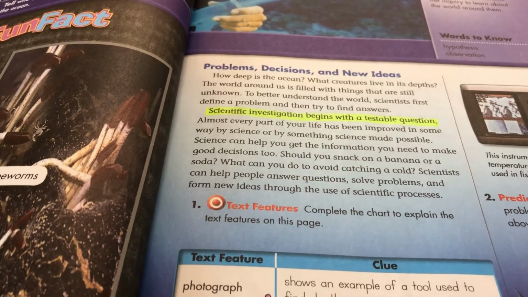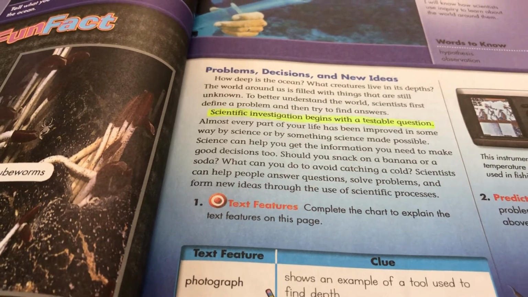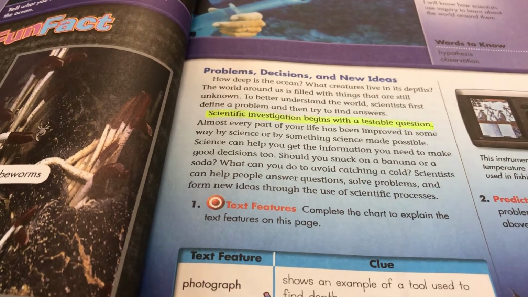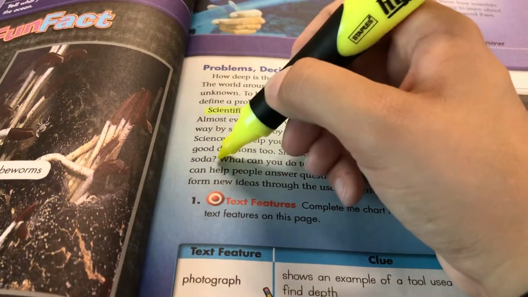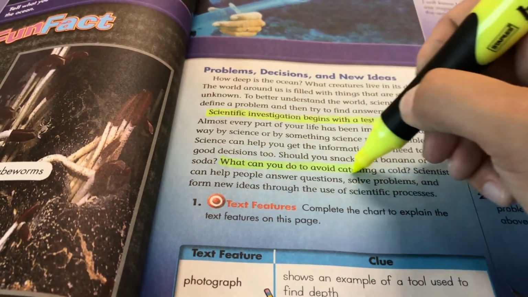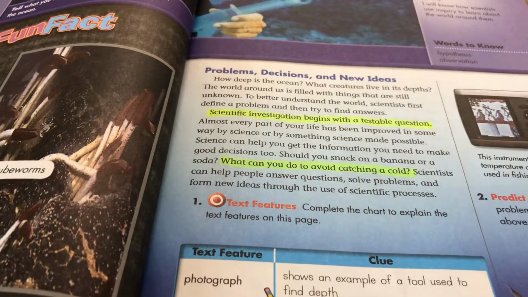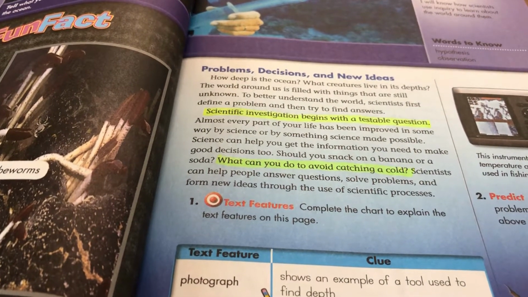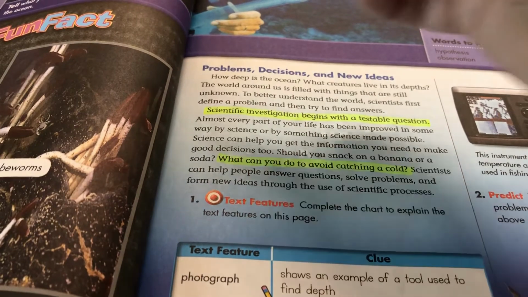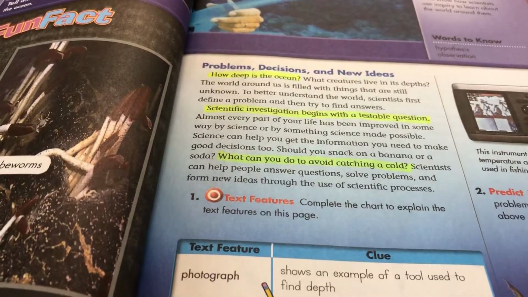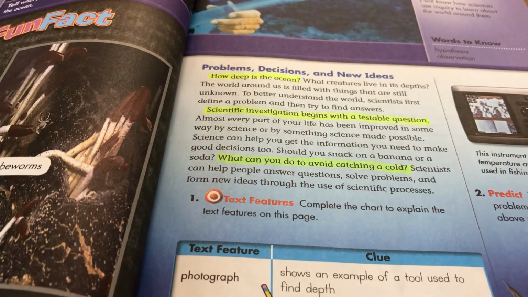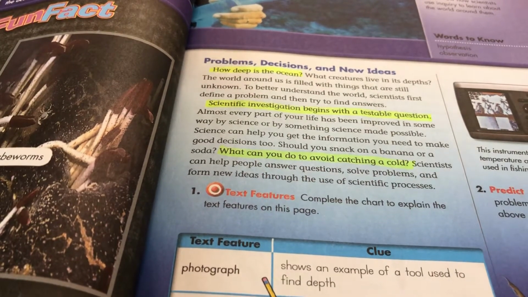I'll continue through, and here are some testable questions, and that's in our notes. What can I do to avoid catching a cold? That's one of the questions I have written down. Another question, a little out of order, is how deep is the ocean? It's the only thing I have written out of order, and that's perfectly fine.